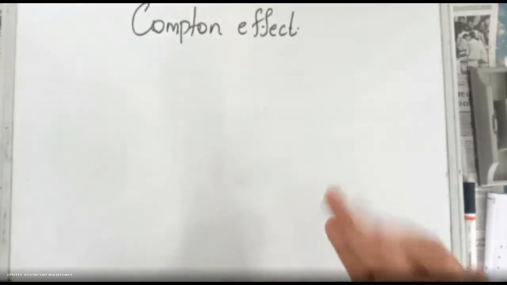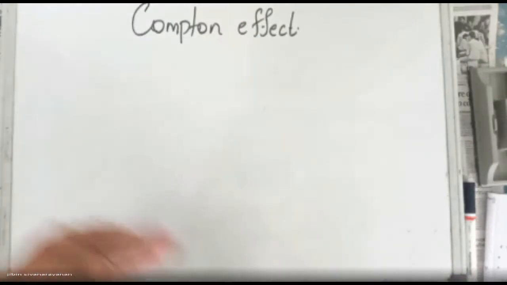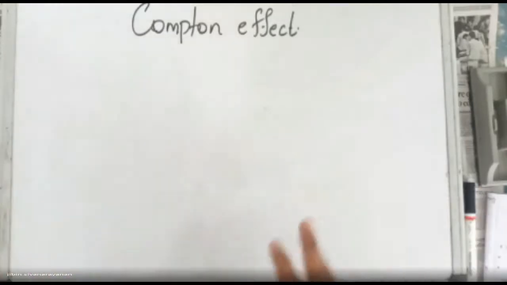Why does this decrease in energy or increase in wavelength happen? That is what Compton explained. This is somewhat similar to the Raman effect. You know the Raman effect. What is the Raman effect? There is Rayleigh scattering and Raman scattering.